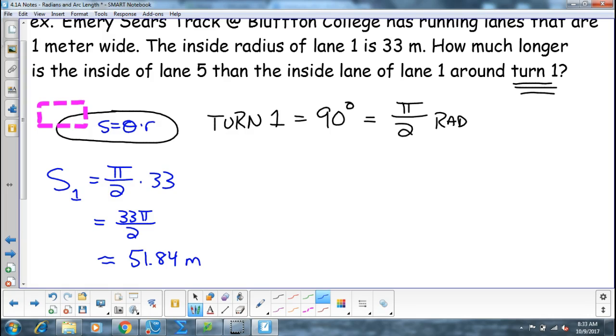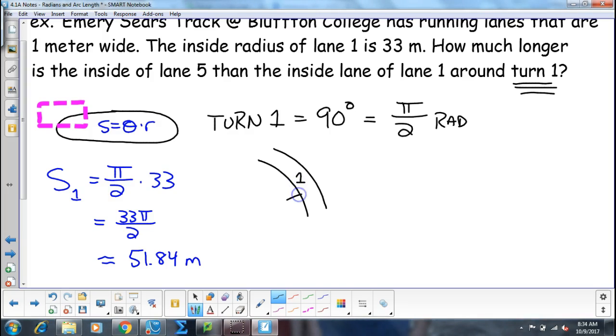But now we've got to go out to lane 5. So there's lane 1, and this was 33. Then we've got lane 2, lane 3, lane 4, lane 5. And we want to go to the inside of lane 5, that lane right there.